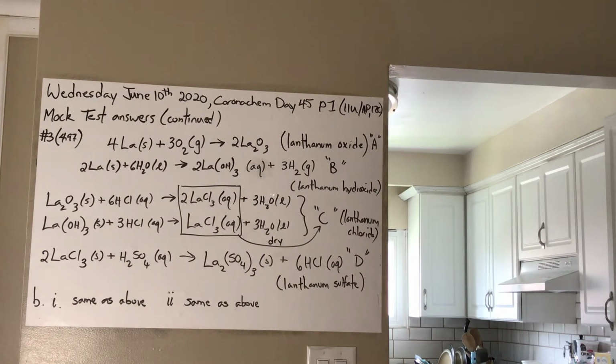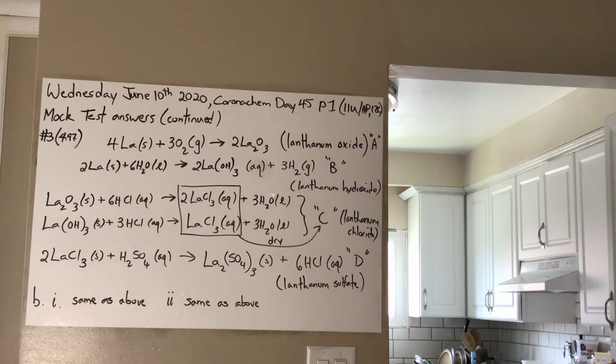Lanthanum metal forms cations with a charge of +3. Consider the following observations about the chemistry of lanthanum. When lanthanum metal is exposed to air, a white solid, compound A, is formed that contains lanthanum and one other element. When lanthanum metal is added to water, gas bubbles are observed and a different white solid, compound B, is formed.